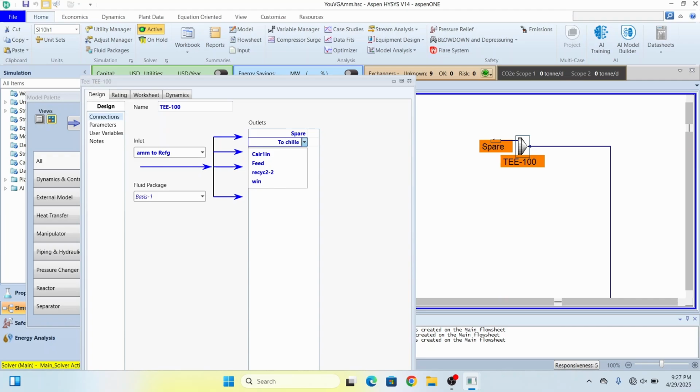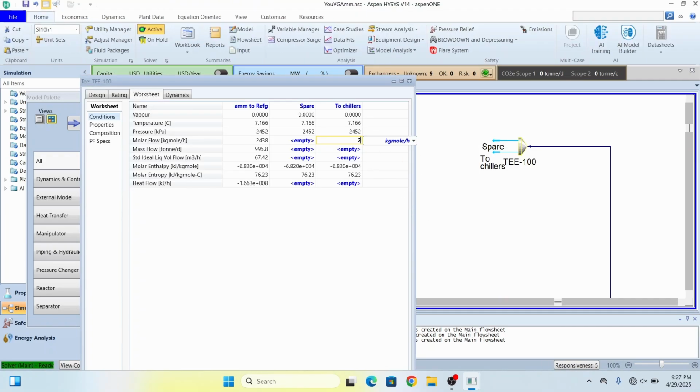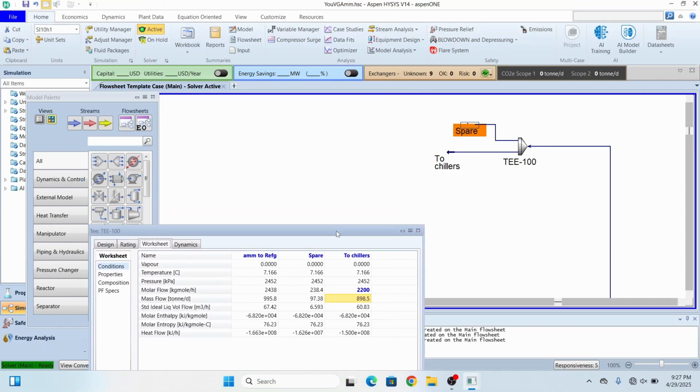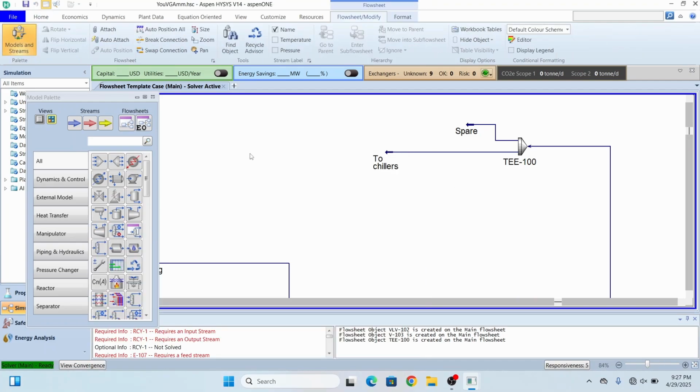These chillers will act as evaporators. As an initial simulation, I will place a large value over here because I want a large flow of ammonia in the chiller so that I can converge the heat exchangers that are still not converged. Here I can write two chillers.